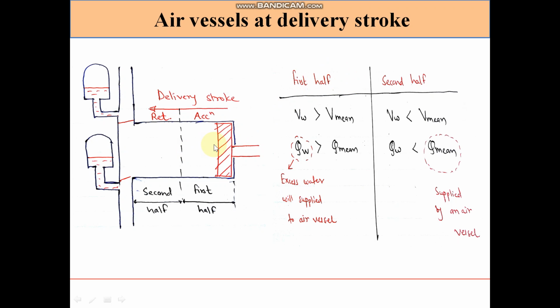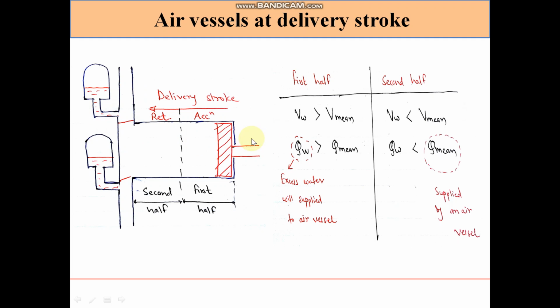Now let's see what is going to happen in the first half of the stroke. Due to acceleration of the piston, velocity of water is more than the mean velocity. Mean velocity is the velocity of water which is required to be delivered from the delivery pipe.